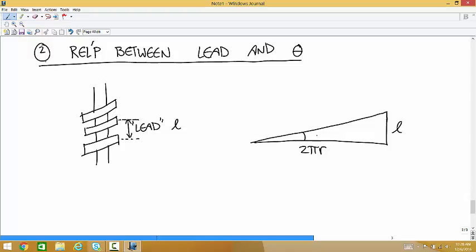And the angle that we want is this. So theta is equal to the inverse tangent of the quantity L over 2 pi r. Any questions about that?